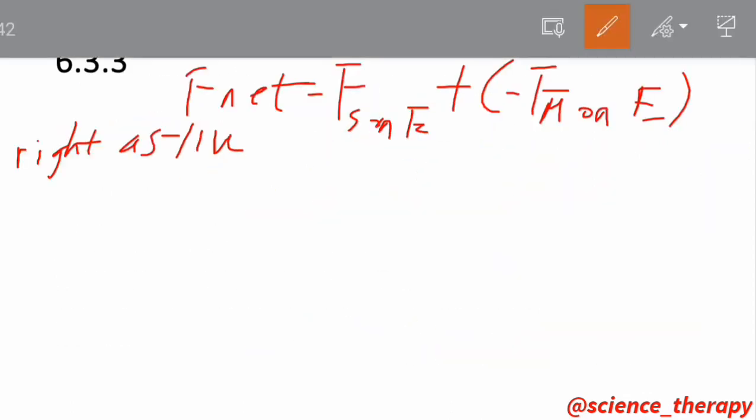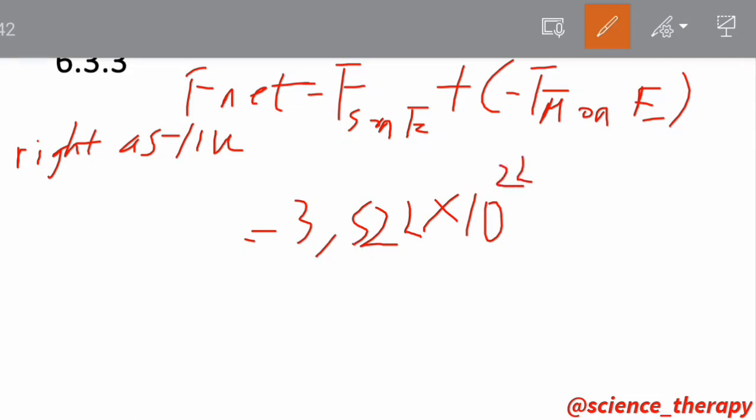Now let's go. That means for this one, what is the force of the sun on Earth? That's positive 3.522 times 10 to the power of 22, and then we have minus, remember positive times negative is negative, 1.985 times 10 to the power of 20, which remember is the force of the moon on Earth, right?